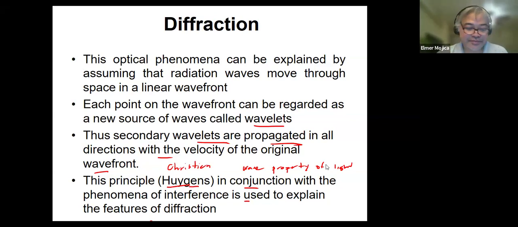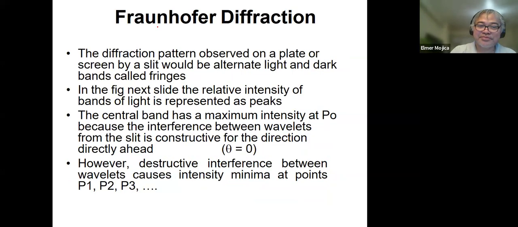Okay. Now, if you're going to look at this diffraction, maybe now you will remember his name, Fraunhofer diffraction. So usually this is a diffraction by a slit by what we call Fraunhofer. He didn't invent the diffraction grating. It already existed, but what he did is he made use of it.